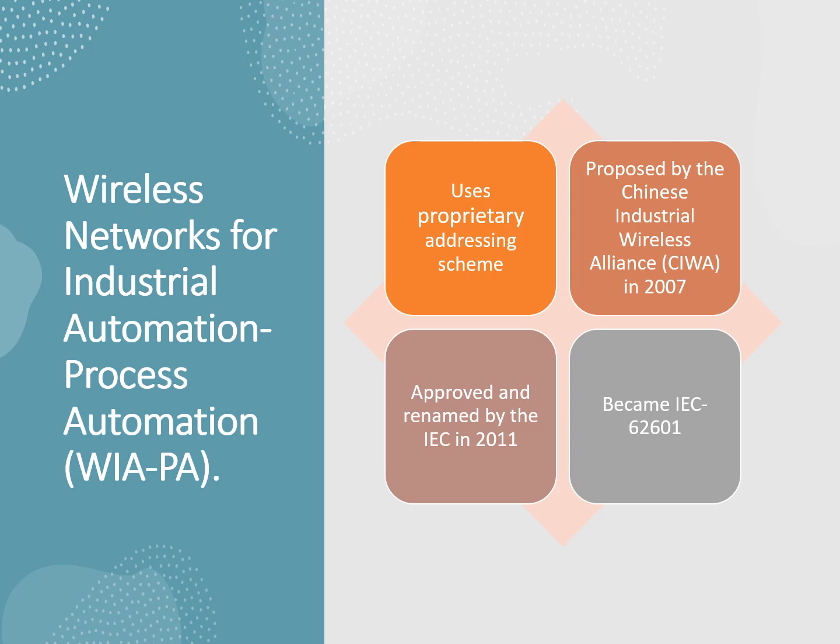The WIA PA standard was proposed by the Chinese International Wireless Alliance, CIWA, in 2007 and was approved as a publicly available specification by the International Electrotechnical Commission, IEC, and renamed as IEC 62601 in 2011.